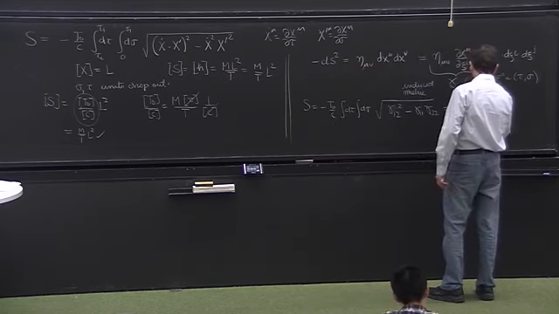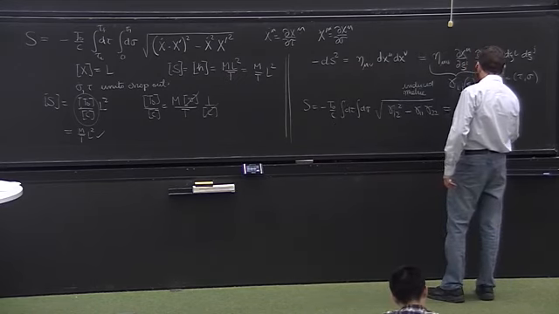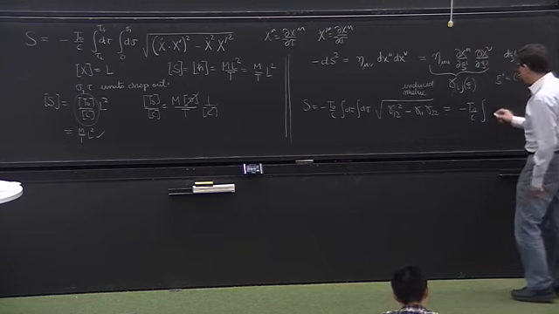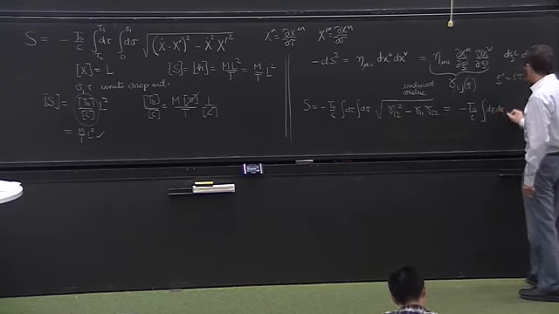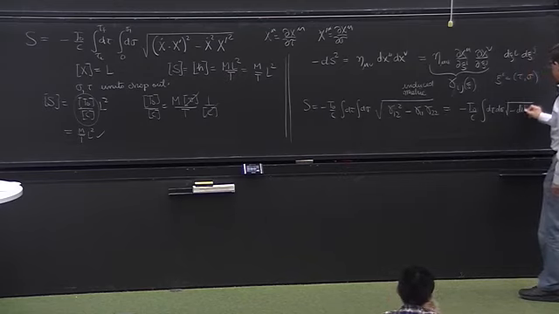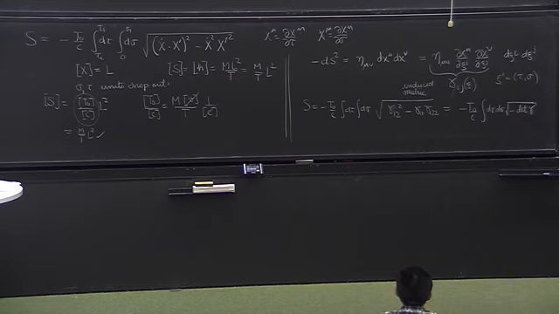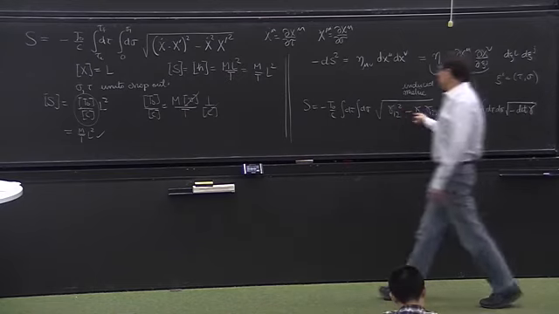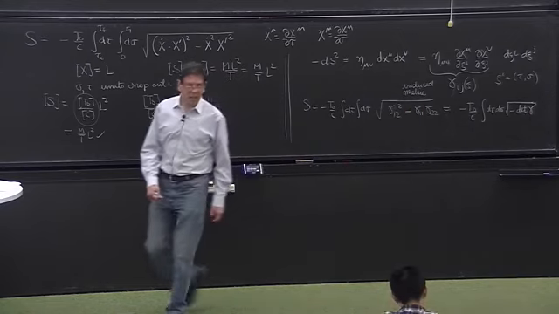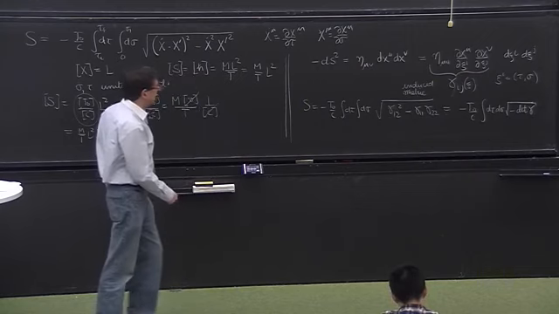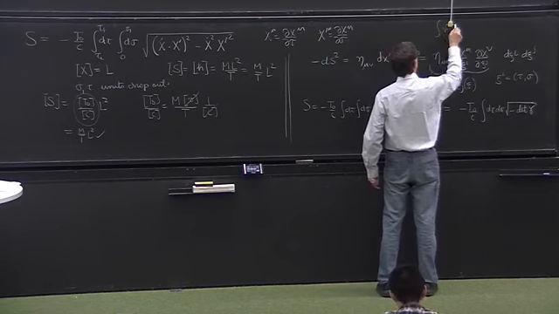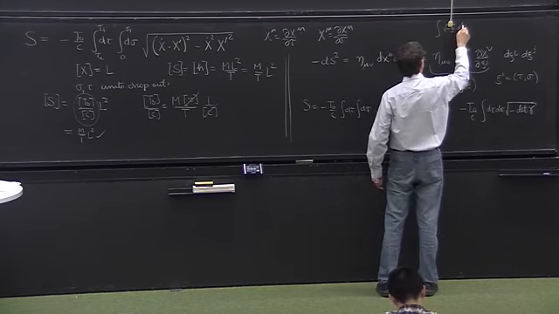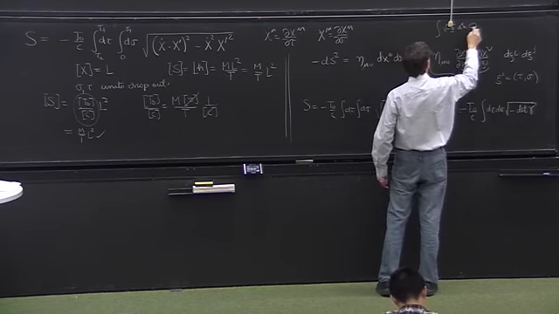So it's minus T naught over c integral d tau d sigma square root of minus the determinant of gamma. A little like in general relativity, when you write Einstein's action, the square root of minus g times something.